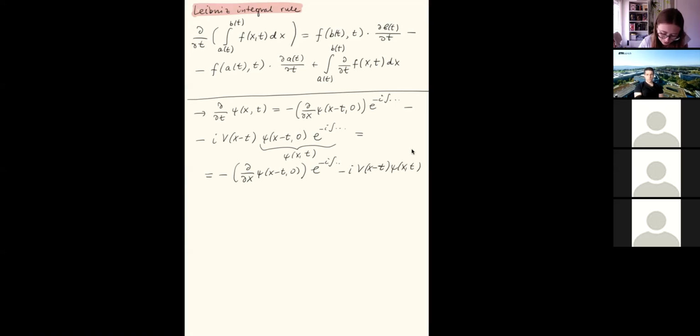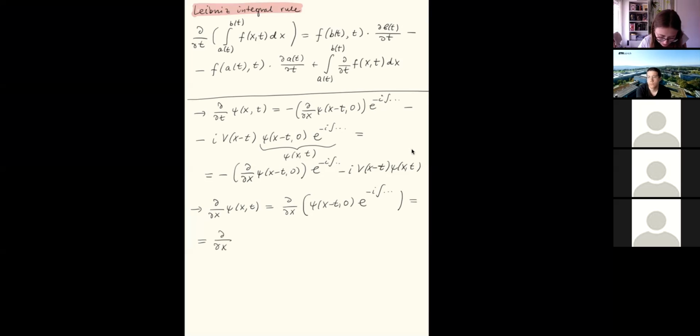Okay, so another term in the expression was the derivative with respect to x. And here we do essentially the same. So we again write it out in terms of psi x minus t0 and our exponential. And then we take it by parts. And we again need to use the Leibniz rule.